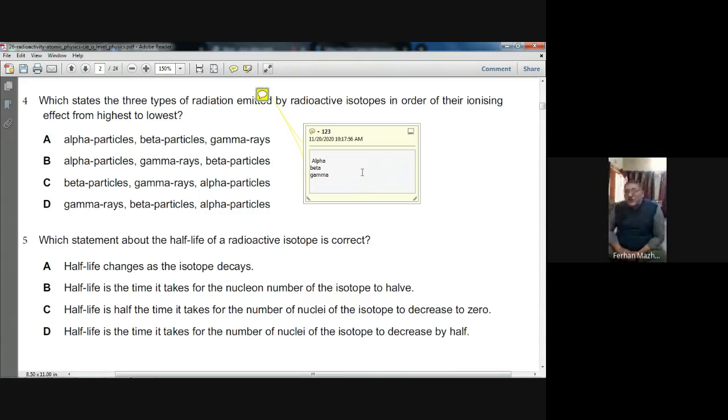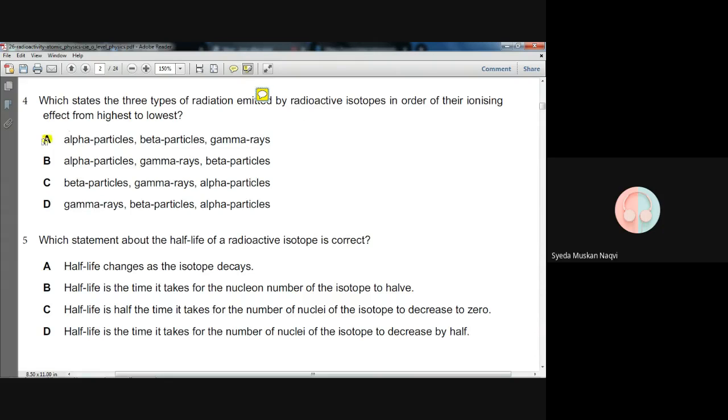So the arrangement should be alpha, beta, gamma. That is, alpha has the strongest ionizing power, then beta has ionizing power, and gamma's ionizing power is lowest. From highest to lowest, it should be alpha, beta, gamma. So what's the choice?